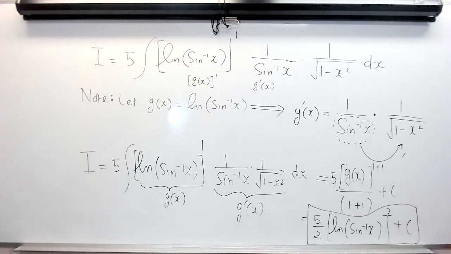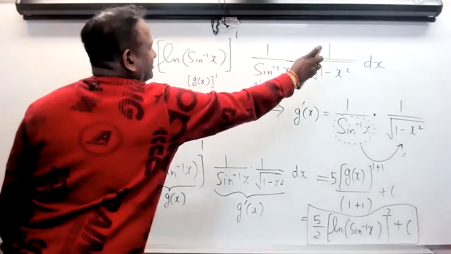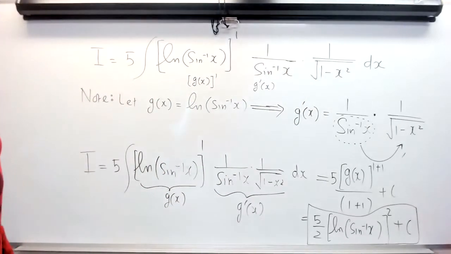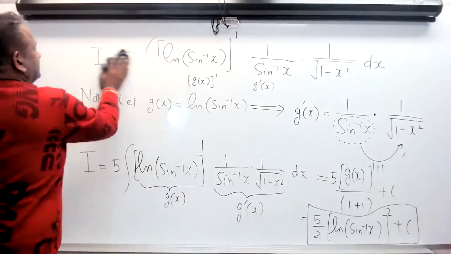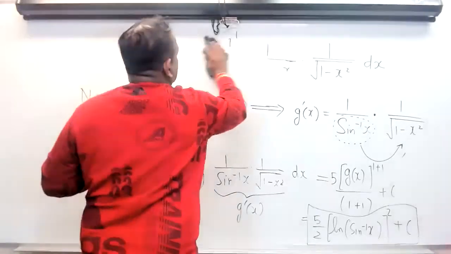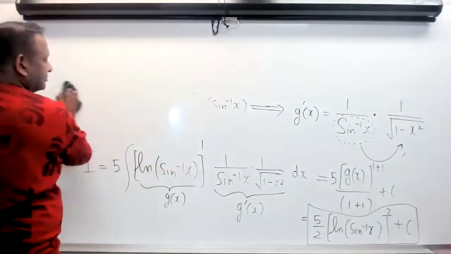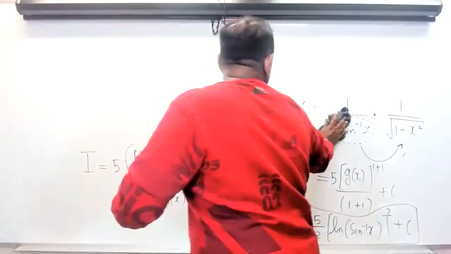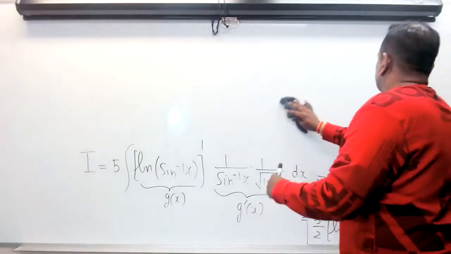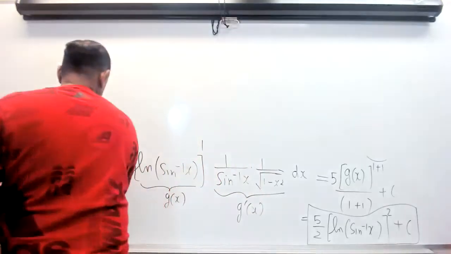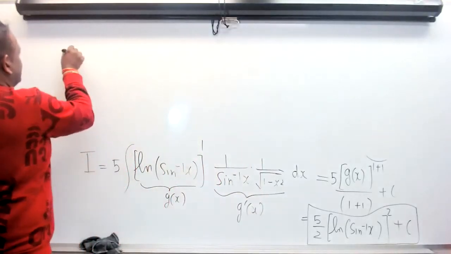Okay, then let's go ahead and look at the second method, how to get this done. You can get this done using U substitution. Very easy. Let's use the U substitution. By any chance, if you want to use the U substitution, you can use method 2.